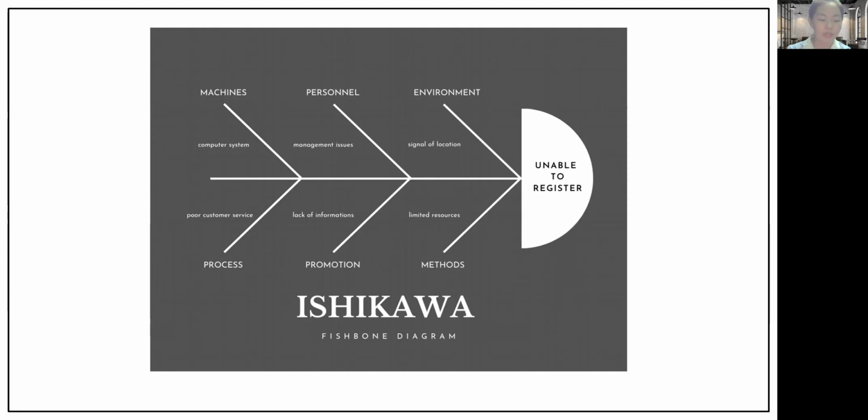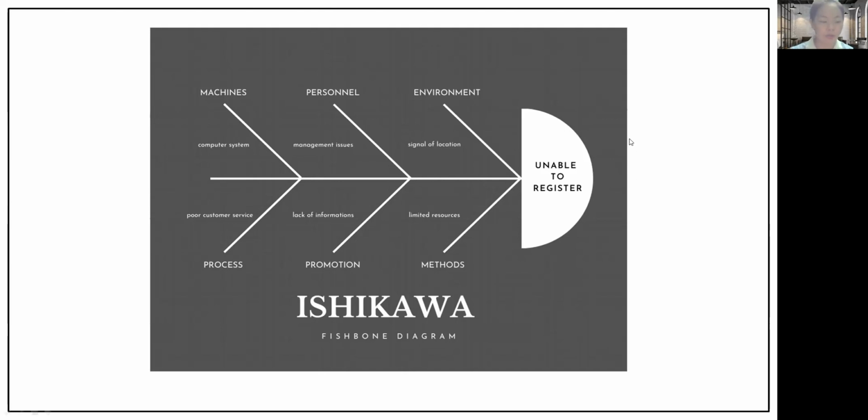Having an effective management information system will lead to a better outcome, and failure to achieve this will eventually result in something negative. So that is why machines are a factor of this result.